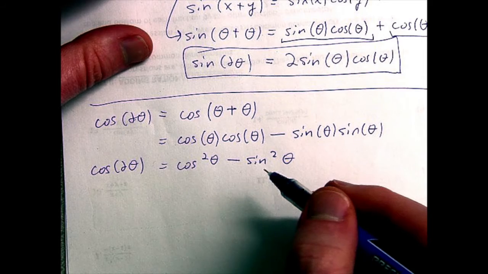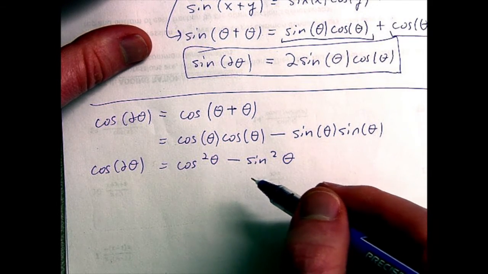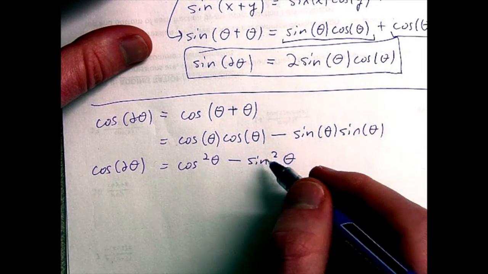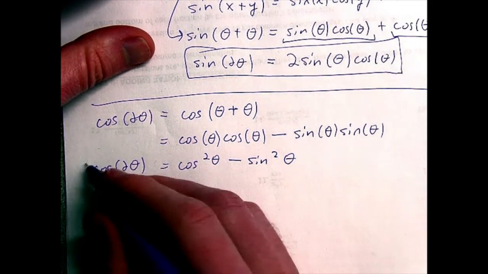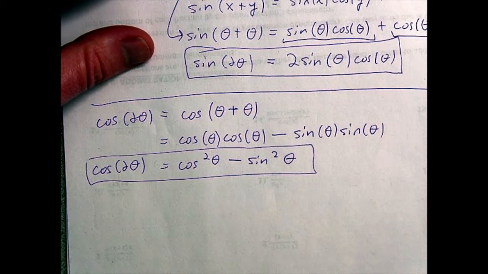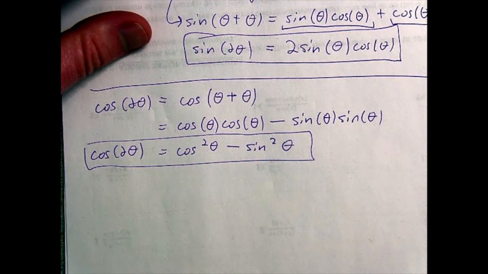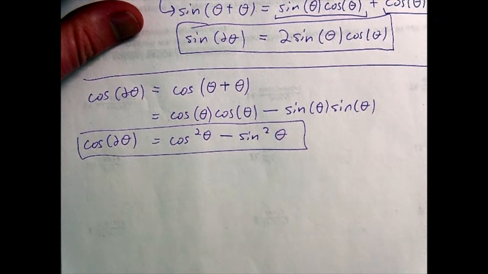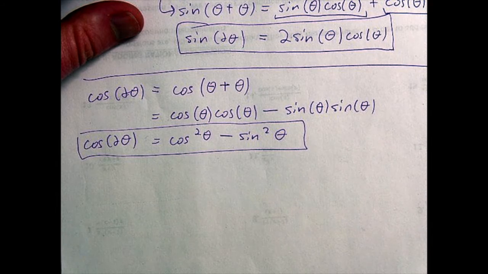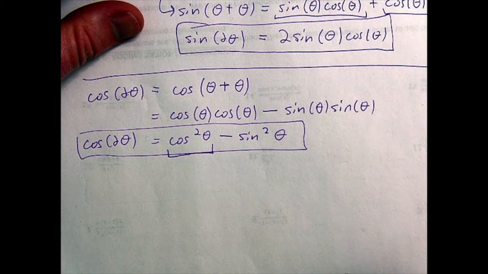What's interesting is that for cosine 2 theta, there are actually 3 different ways of writing this expression. So this thing right here is one double angle formula for cosine, but because there are other ways of writing this expression, there are actually several different double angle formulas for cosine. So how do we get them? Well, one thing you can do is replace cosine squared theta with 1 minus sine squared theta.